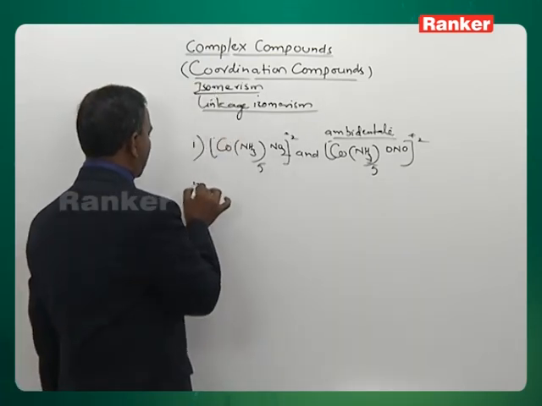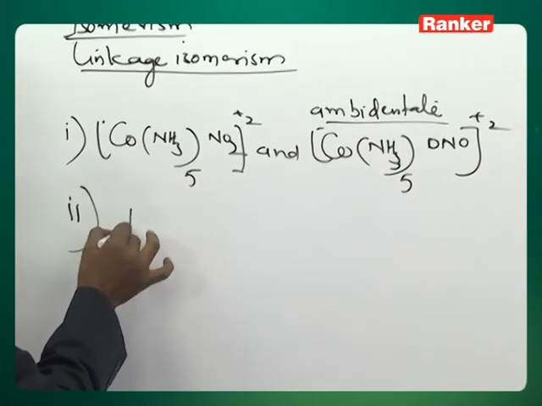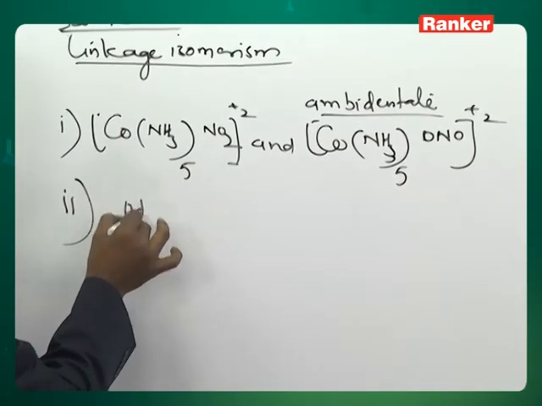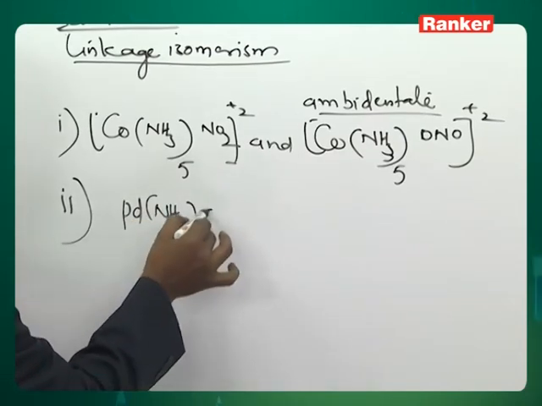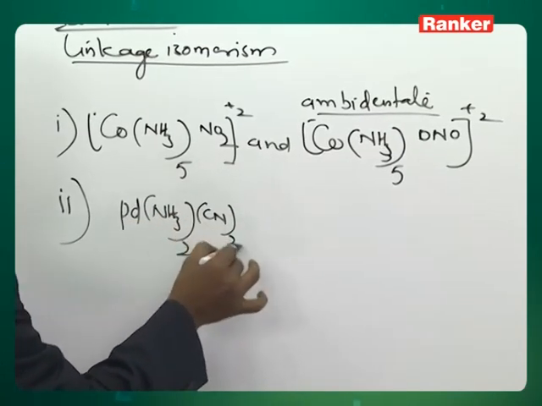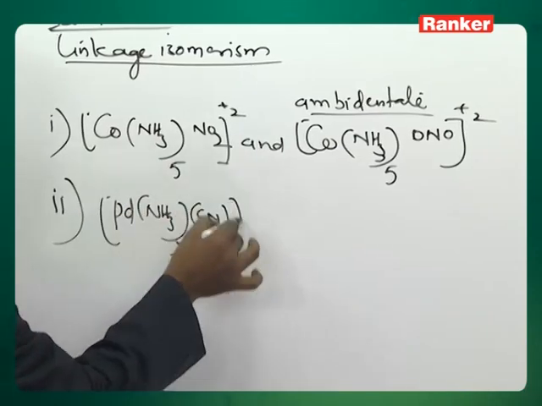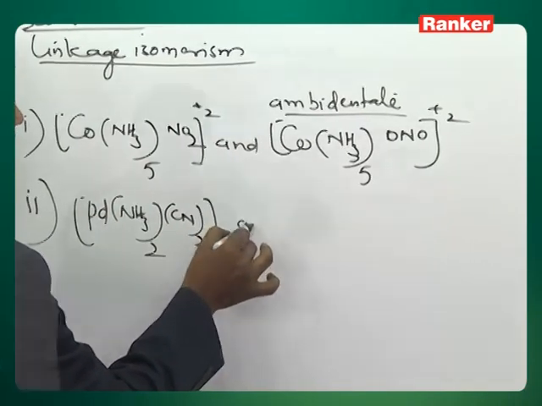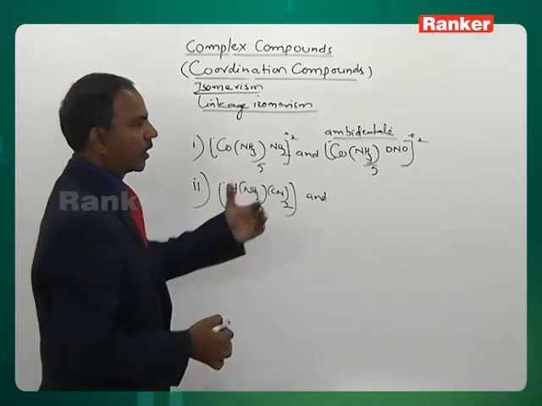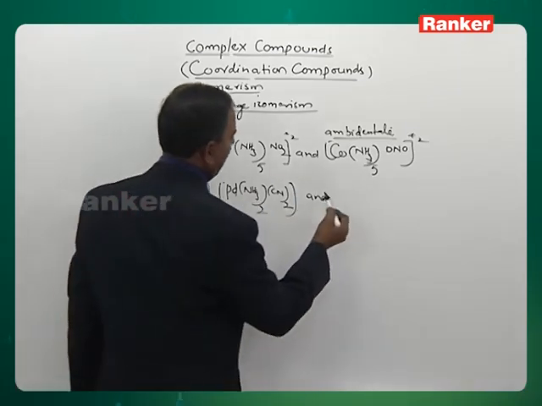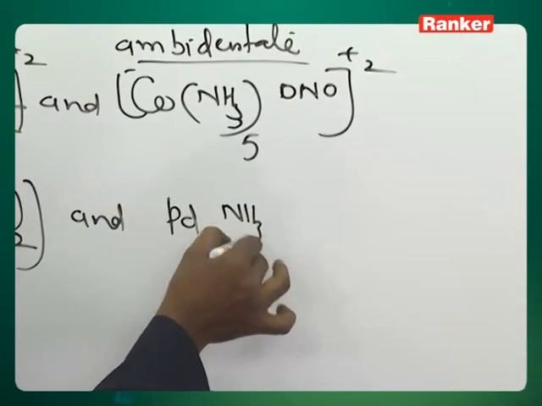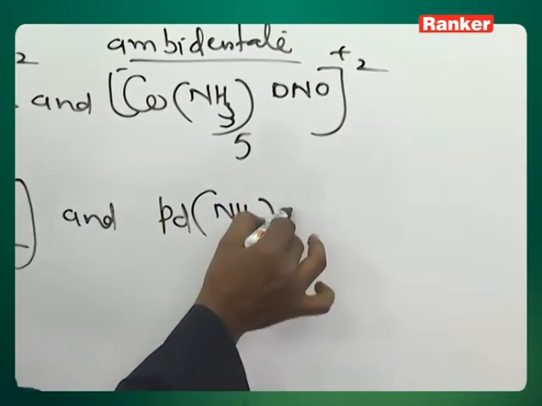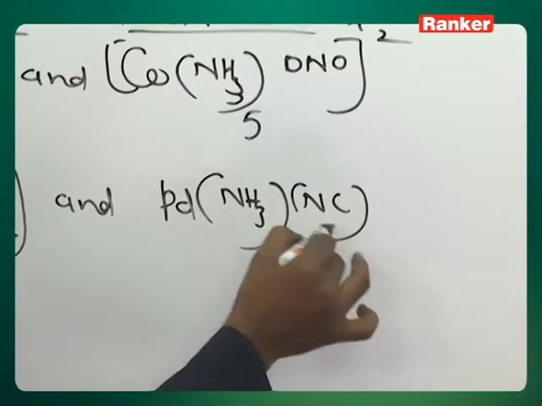Let me give another example. Instead of taking cobalt, let us consider palladium, Pd(NH3)2 taken twice, CN taken twice. The same cyano can also be involved in bonding as isocyano. Therefore, Pd(NH3)2, NC taken twice.